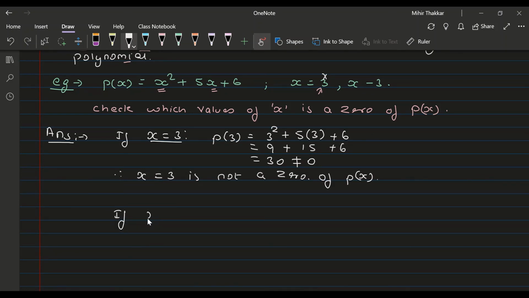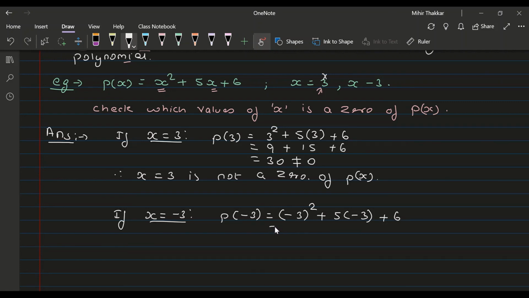If x is equal to minus 3, p of minus 3 will now become minus 3 square plus 5 into minus 3 plus 6.